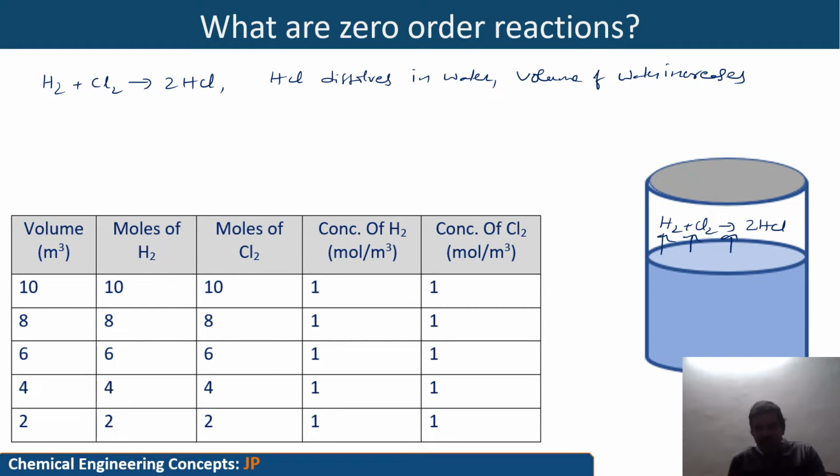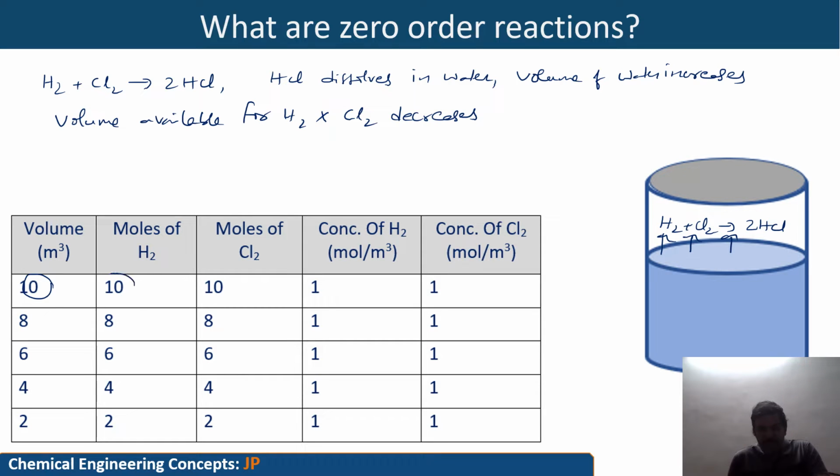The other way to say it: the volume of water increases, and the volume available for hydrogen and chlorine decreases.